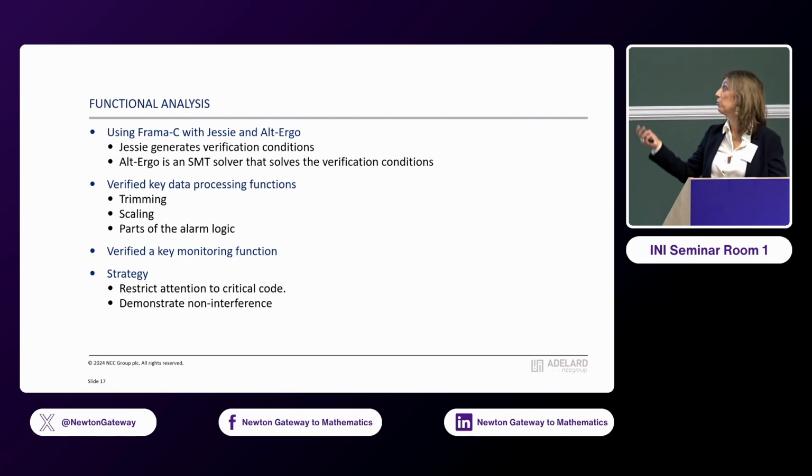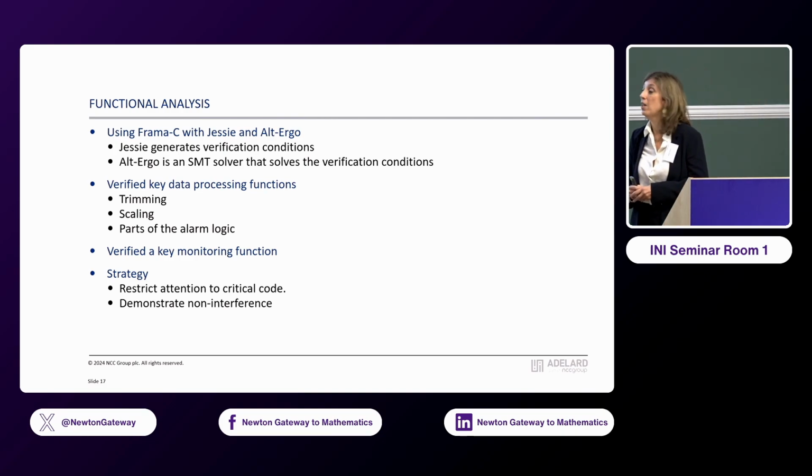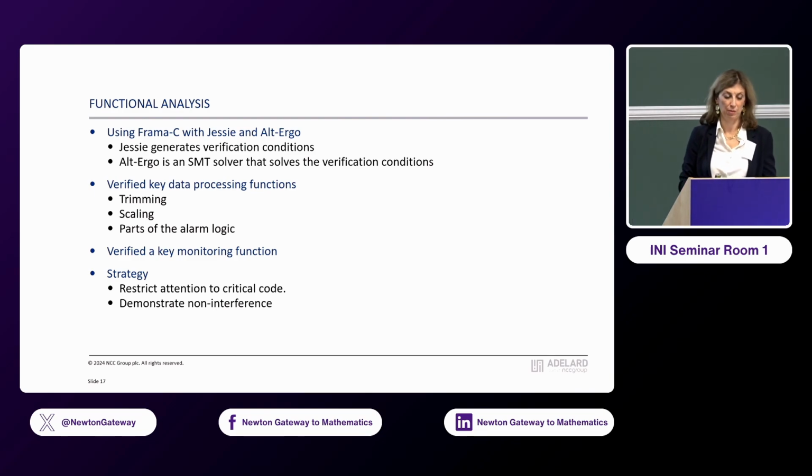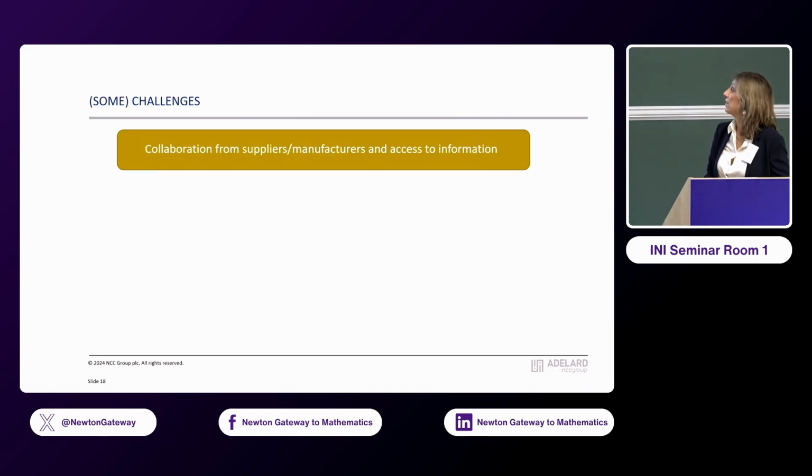So in this case, what we did was use Frama-C with WP and Jessie. I think Jessie is not really supported anymore. But what we did was we focused on specific functions that were critical for the smart device and proved them correct.